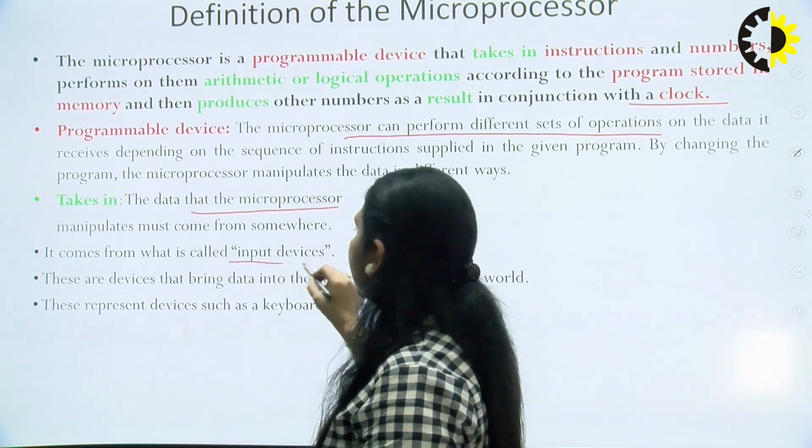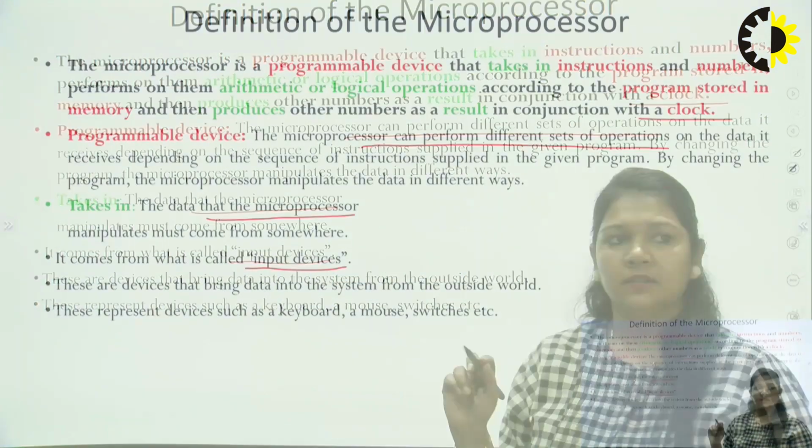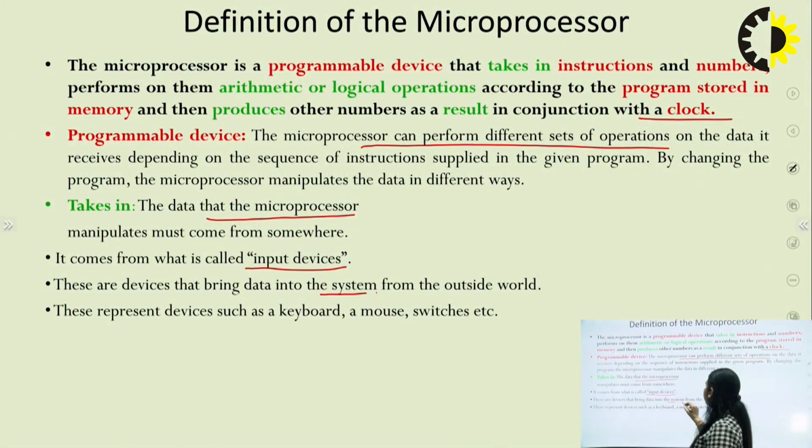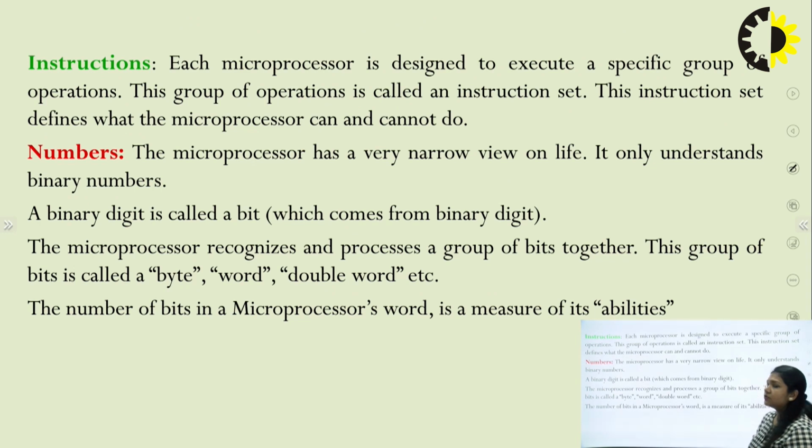We can get the data from input devices, or if it is stored inside the microprocessor, or from the outside world, through devices such as keyboard, mouse and switches.